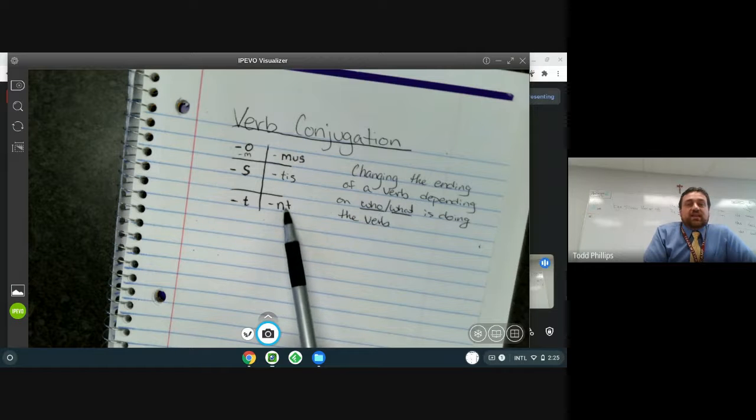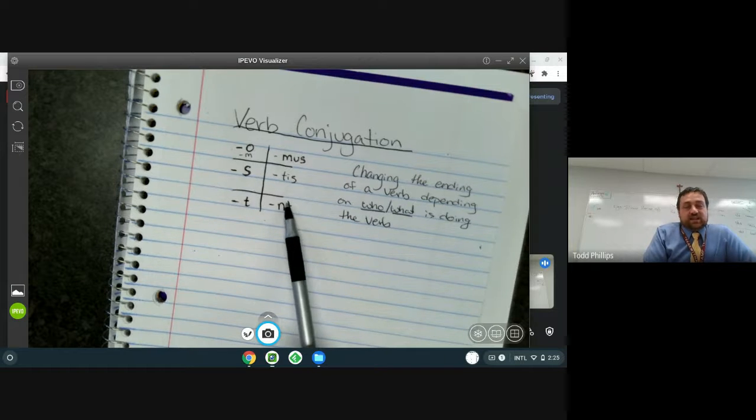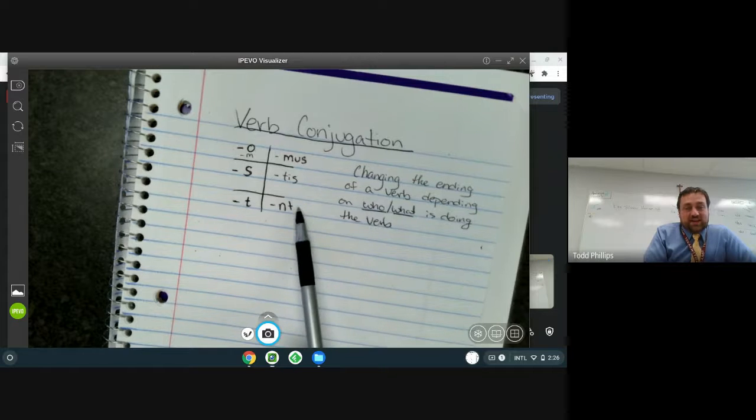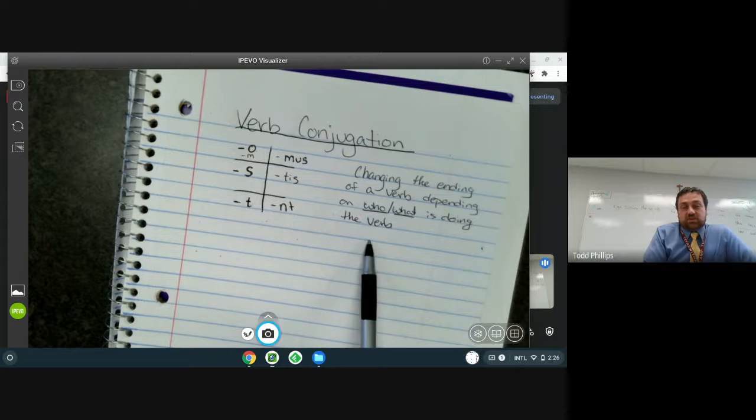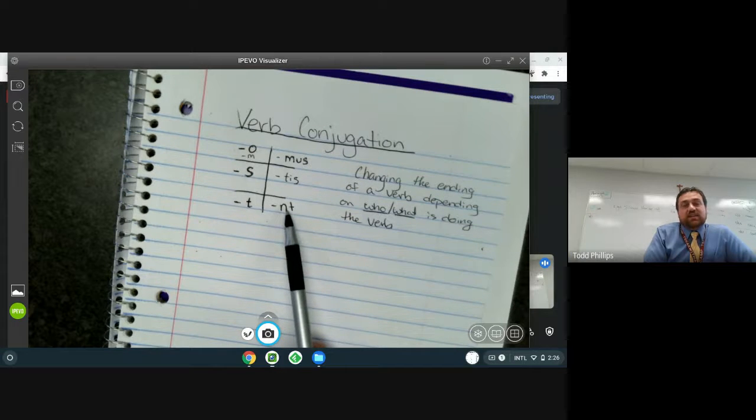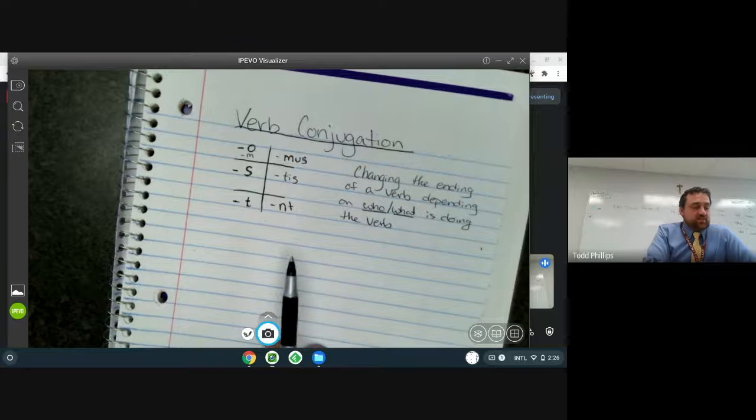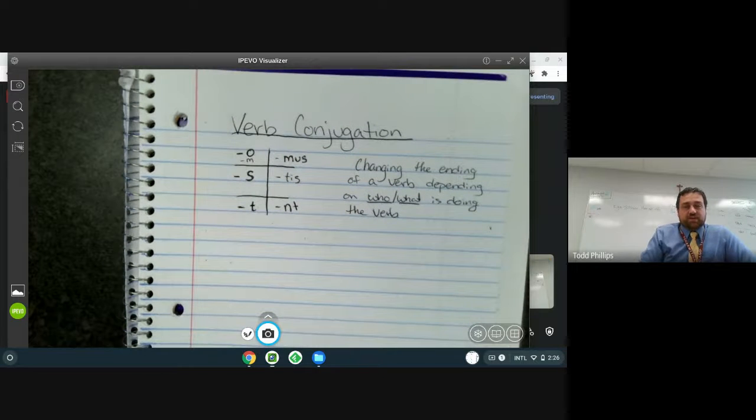If we say they do something, this NT ending is what you're going to put on a verb. If we say Marcus et Antonia do something, that NT is what we're going to put on a verb, because even though we were listing singular people, it included multiple of them, and we're going to use this NT.